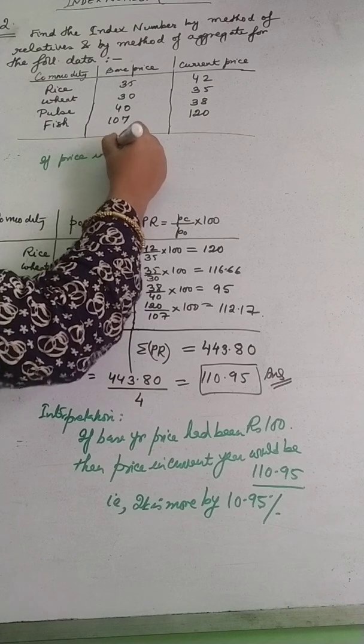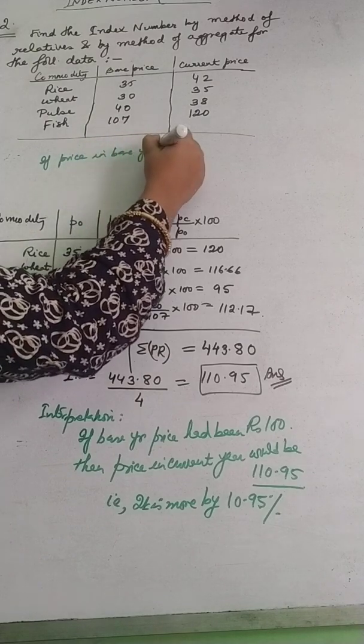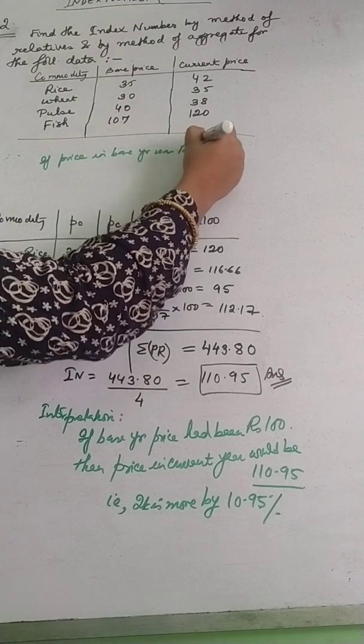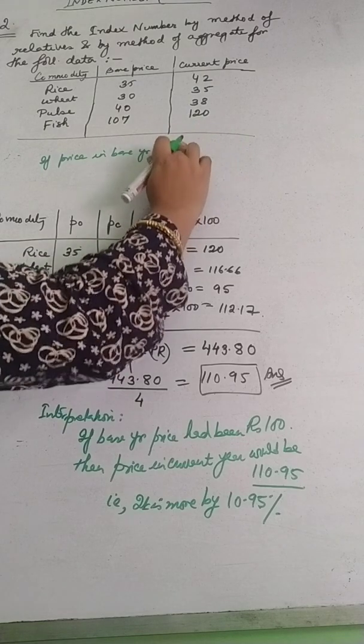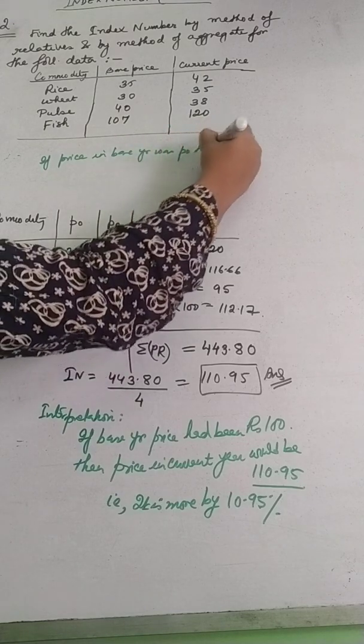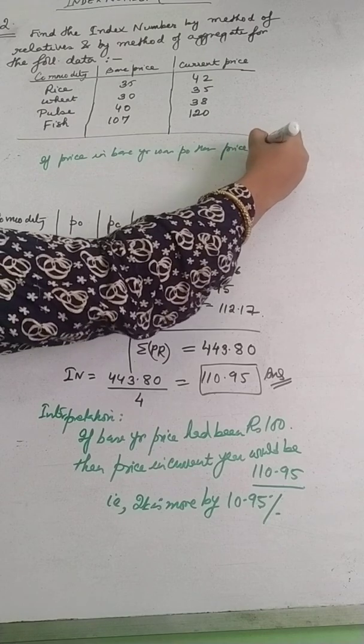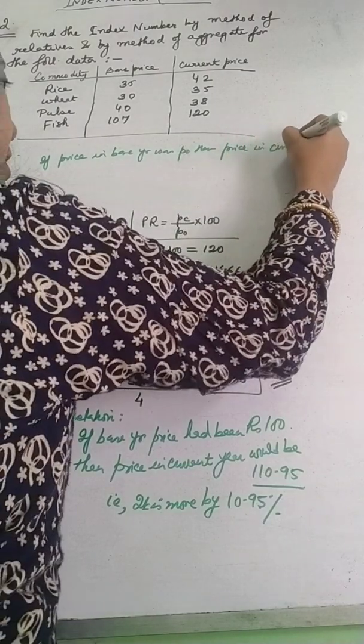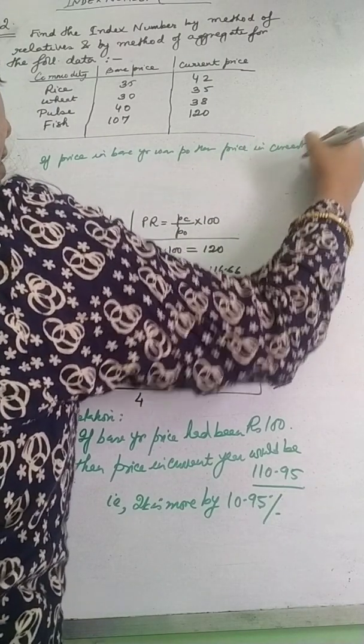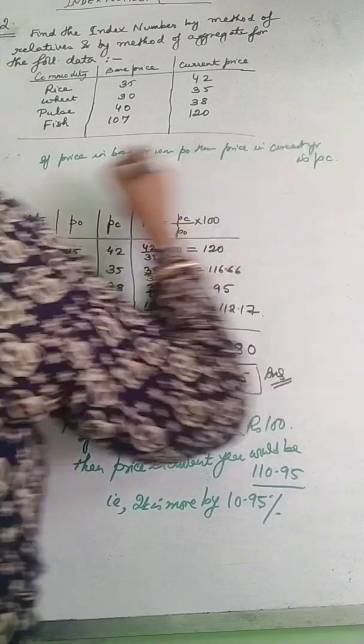If price in base year was P0, then price in current year is PC.